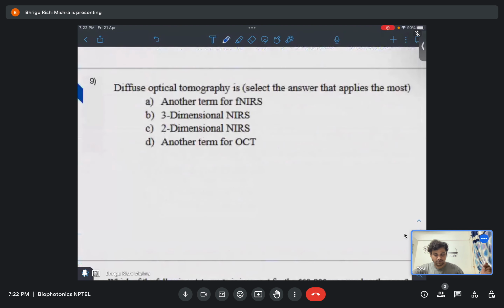Okay, so question 9. Diffuse optical tomography is... select the answer that applies the most.